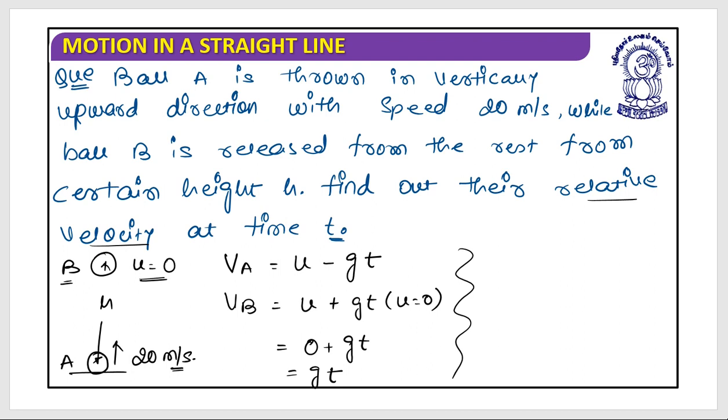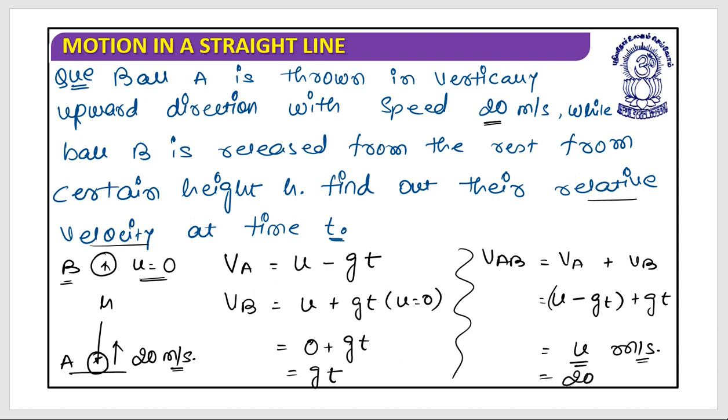Yes, I need to add this. The velocity of A with respect to B would be equal to VA plus VB. Now VA is u minus gt, and VB is plus gt. So this should be u meter per second, and my u is 20. So that is equal to 20 meter per second.